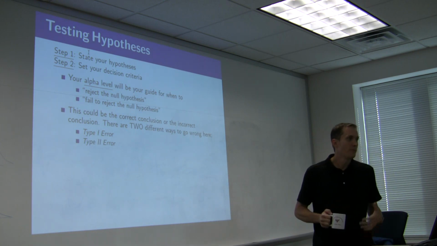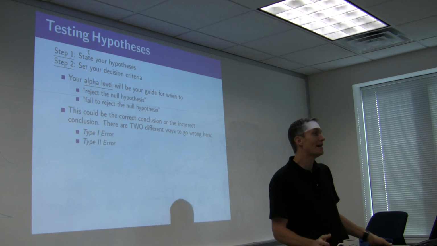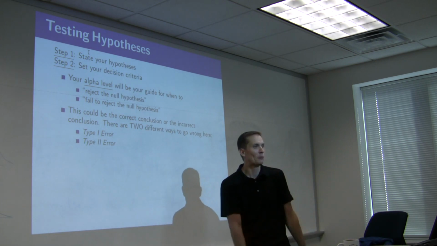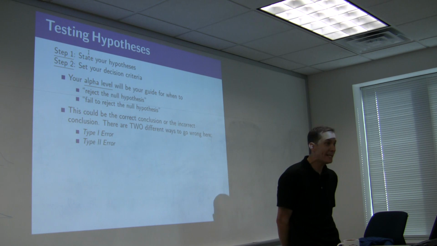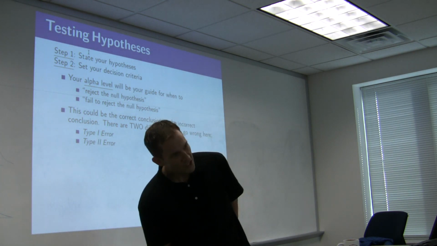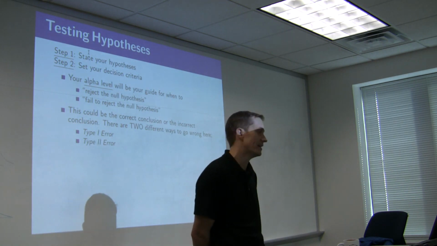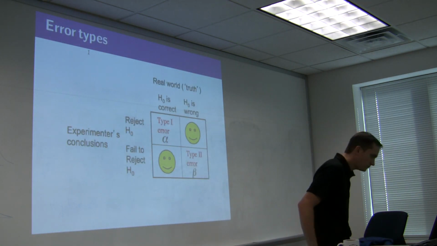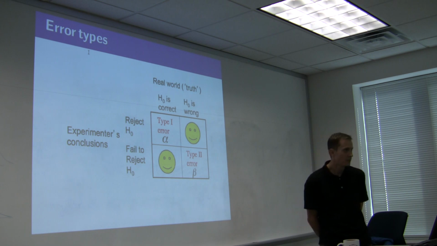Based on that alpha level, based on your decision, there are two different ways to go wrong here. Okay? Because you're making a decision, you're either going to be correct or incorrect, but it's two different ways for you to be correct or incorrect. What do I mean by that? Well, let's look at what the possibilities are.